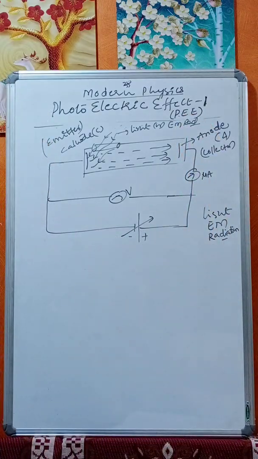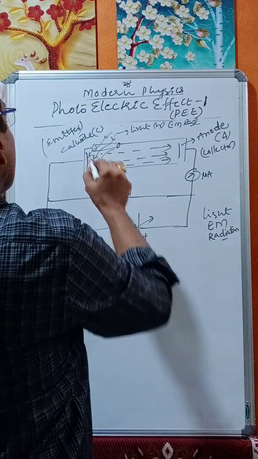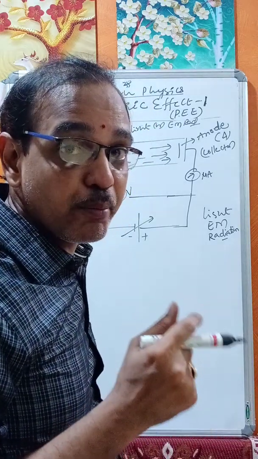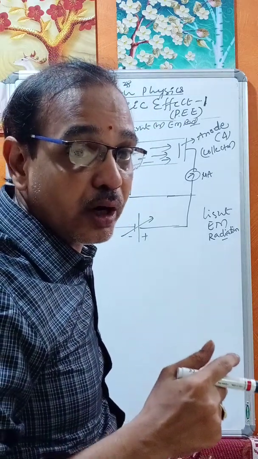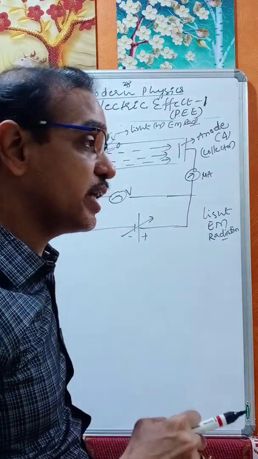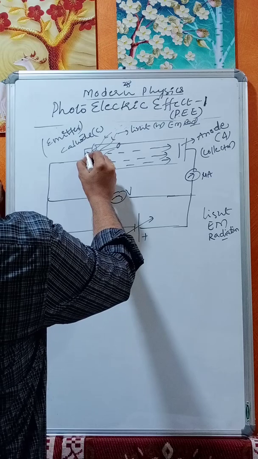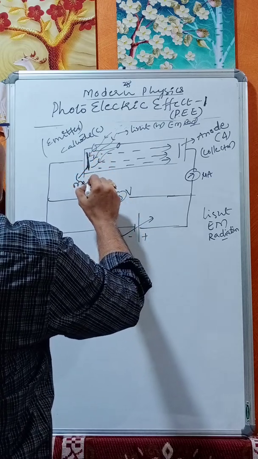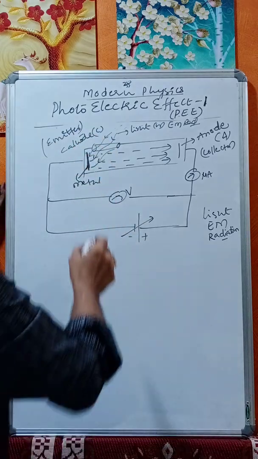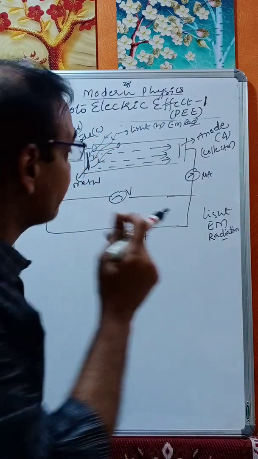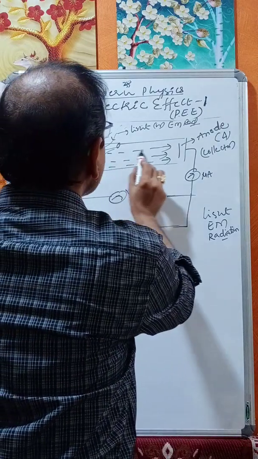When light or electromagnetic radiation of sufficient frequency, this word is very, very important, falls on a metal surface, or you can call it a cathode or emitter, the metal surface emits some electrons.